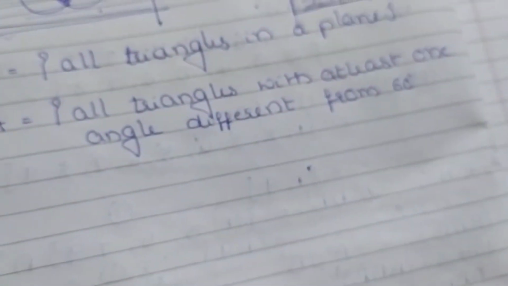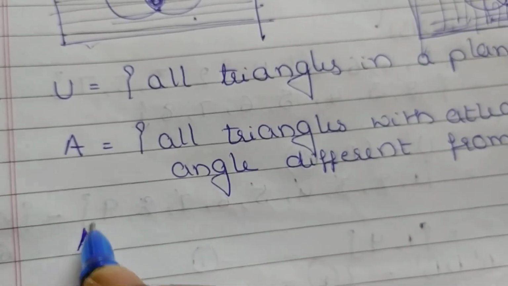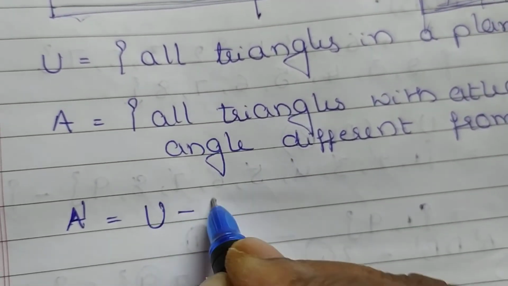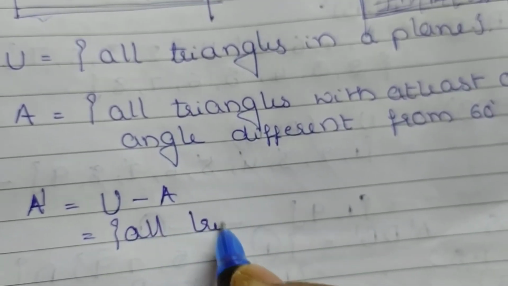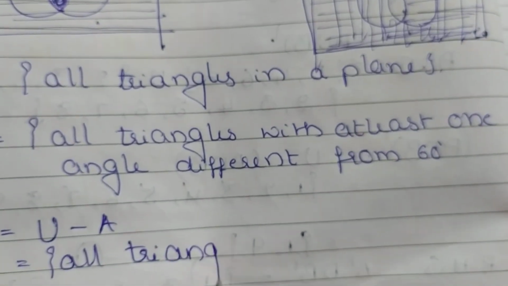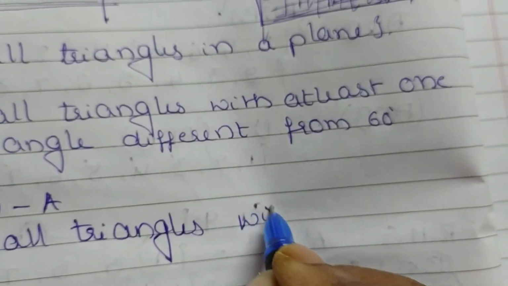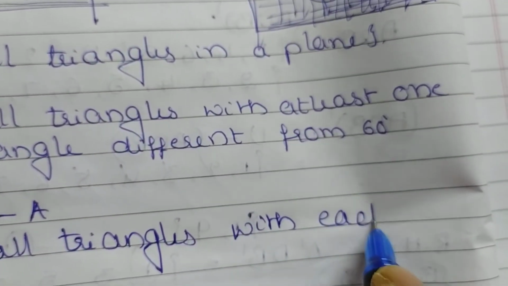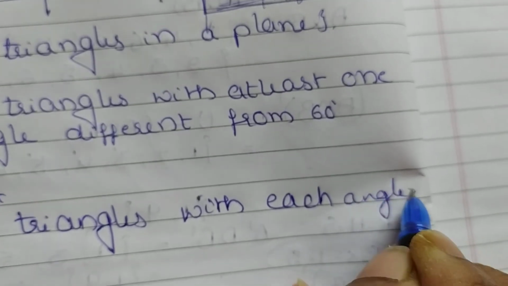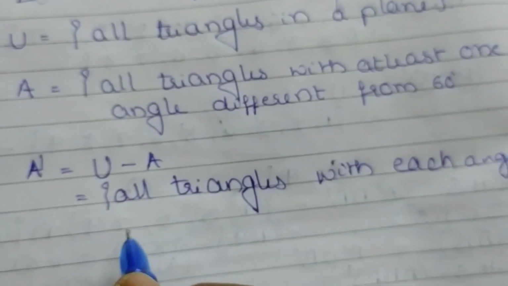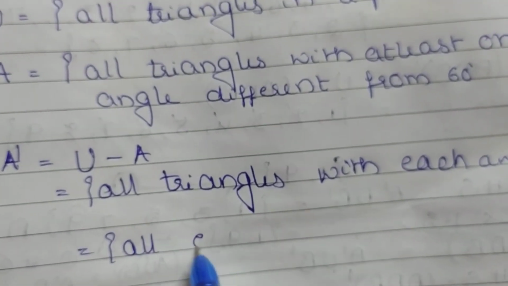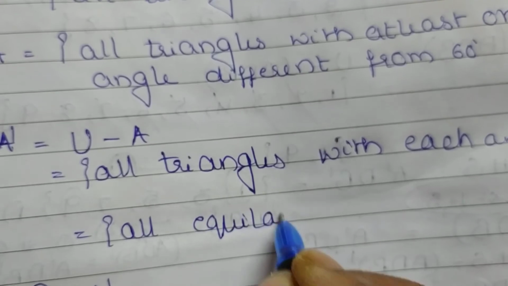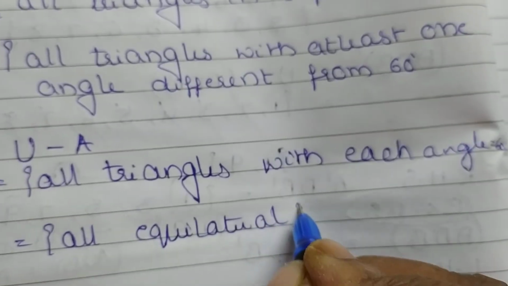A complement contains all the triangles with each angle as 60 degrees. In a triangle, if each angle is 60 degrees, what type of triangles are they? All will be equilateral triangles.